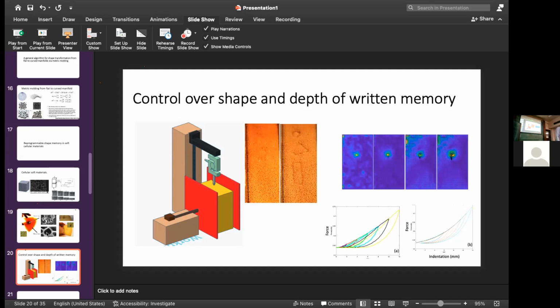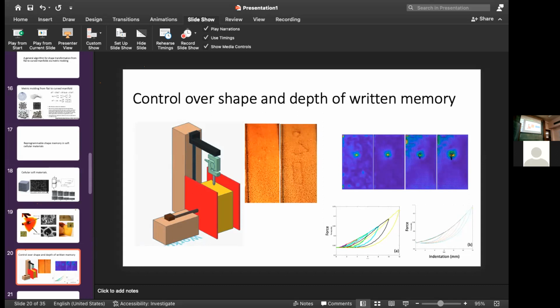Okay, why is it a memory? Whenever we talk about memory, we talk about a few properties, like whether you can store it for a long time, whether you can read it, write it, and erase it. So all these properties are being shown here. I can write this memory, I can erase it, I can store it also, because as long as I keep it in a compressed state, it will stay.